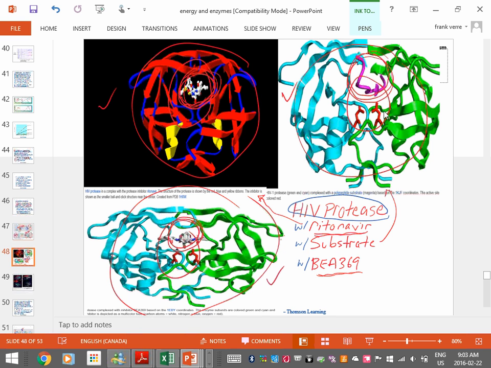So remember, the active site is right in the middle here. And here's my substrate. Do the inhibitors look like they're going into the same area? Does it look like the exact same spot the substrate would go? What do you think?